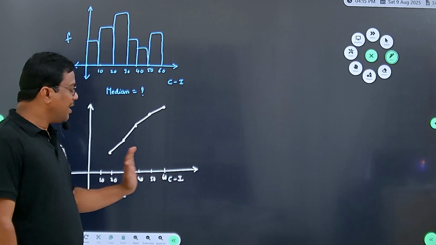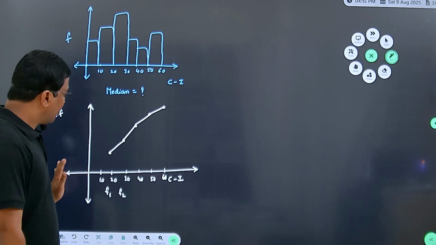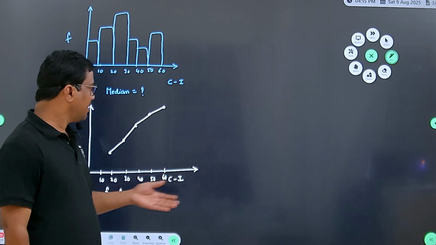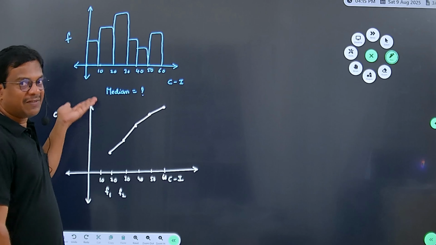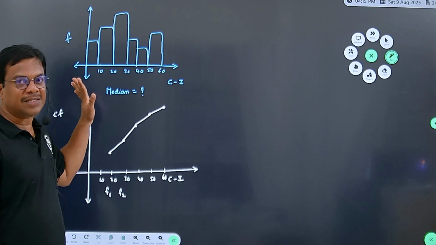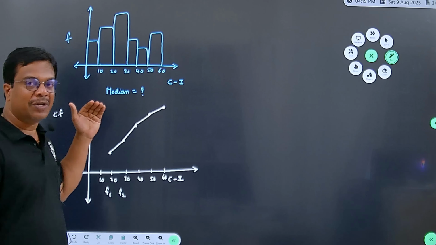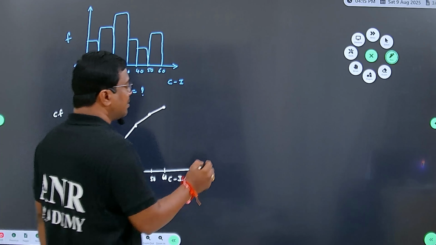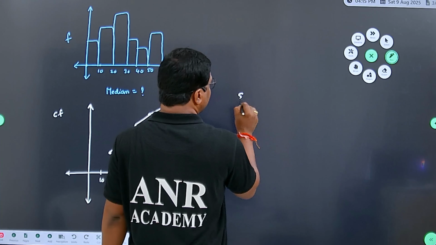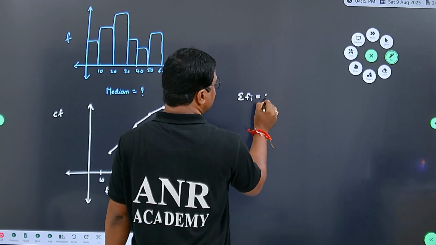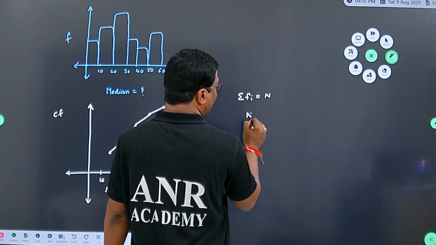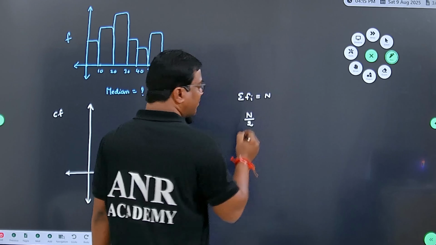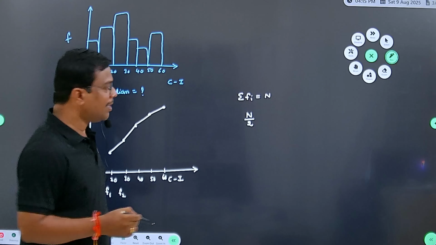If the interval moves towards positive direction, then cumulative frequency automatically increases. Why? Because we are going to add up the frequencies, right? Next, sum of frequencies, that is capital N, and to find median of the given data, you have to calculate n by 2.